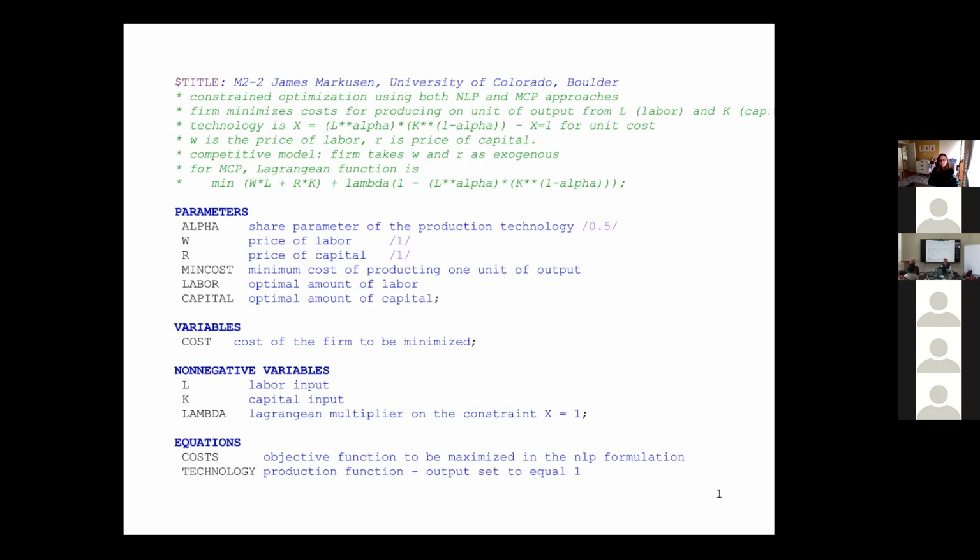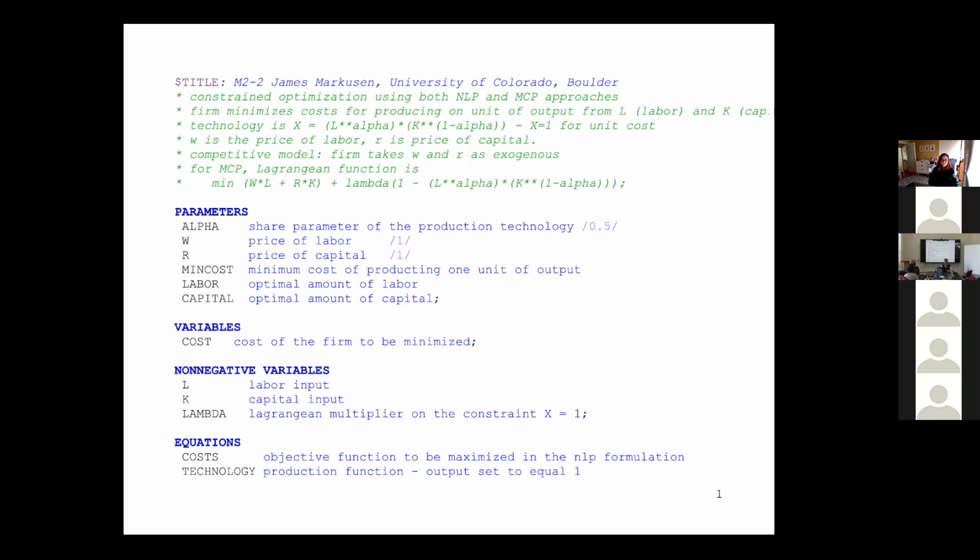So you'd write down minimize WL plus RK plus lambda, the Lagrangian multiplier introduced, 1 minus the production function there, ending in the semicolon. So this little extension of the first model has a couple more parameters.